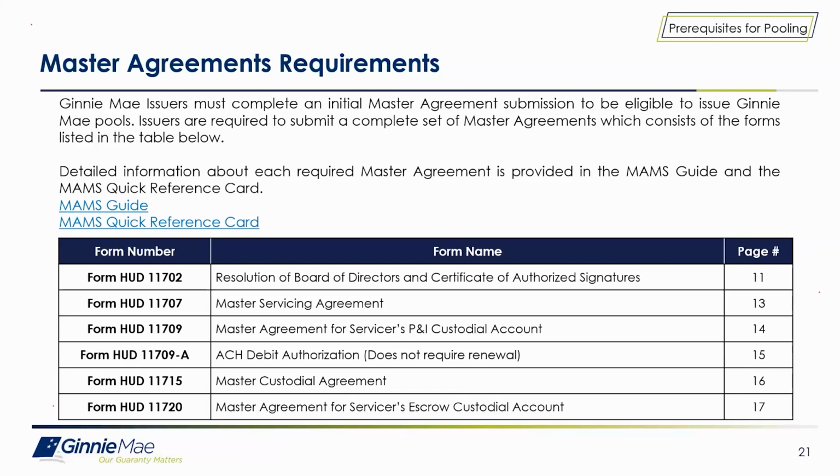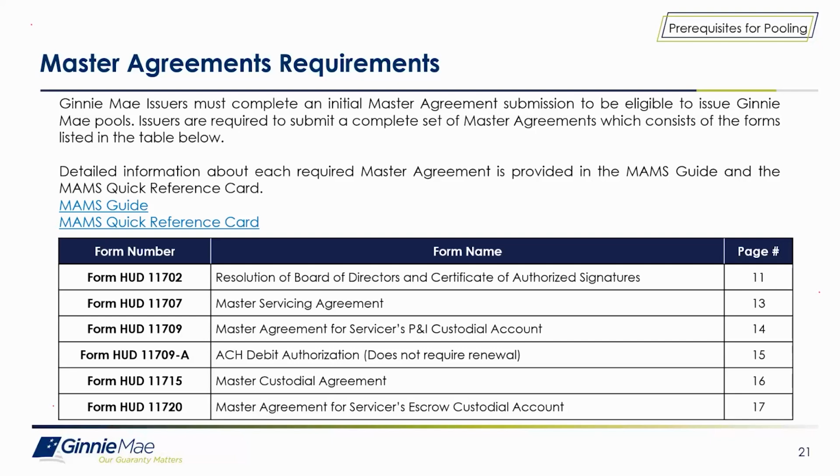Then I have the HUD 11715, Master Custodial Agreement, where you make your arrangement with your document custodian. And then you have the Master Agreement for Servicer's Escrow Custodial Account, 11720.